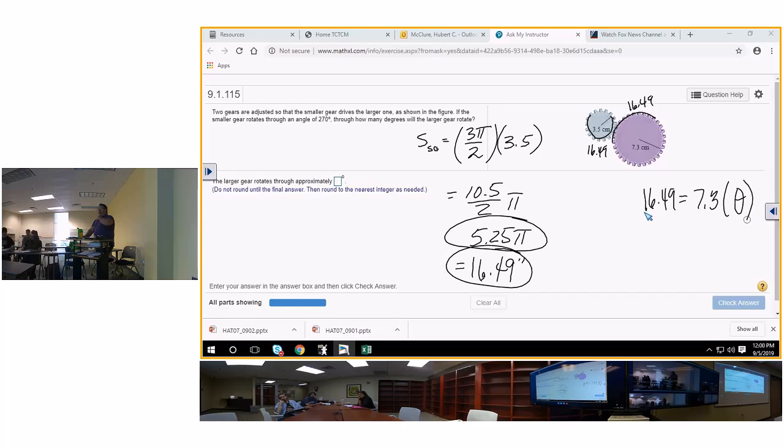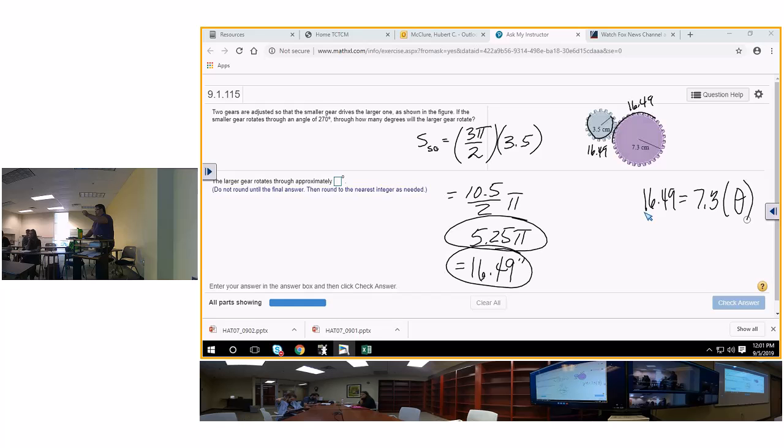Okay, a lot of people try to start thinking and saying, well, if you take a little gear and turn a big gear, then that's going to be... no, you don't need to think. You're not that high yet. You need to think about the distance traveled. The distance traveled at 270 degrees on the gray is 16.5 inches. That same distance is going to be relayed to the what?